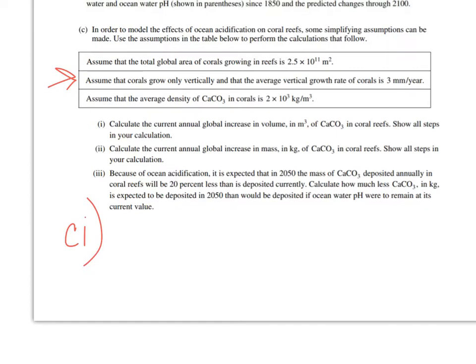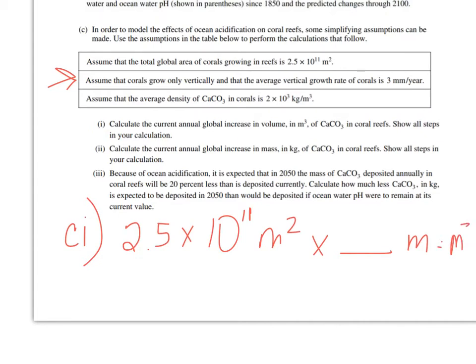It says that our area of corals is 2.5 times 10 to the 11th meters squared, and we want to show in meters cubed what the growth will be. So it's going to grow vertically. This is our area in meters squared, and we want to find the volume. And so we need to multiply by something else with meters to get meters cubed. And so our answer will come out as meters cubed.